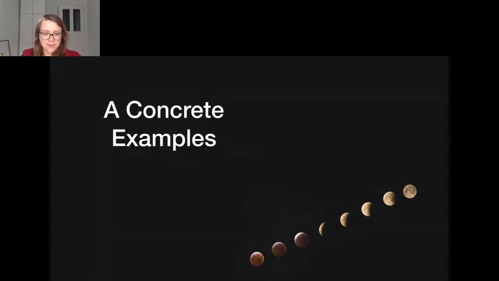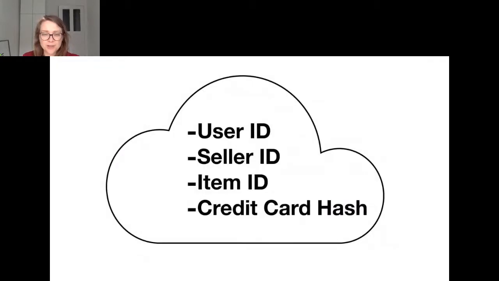Now I want to show you a concrete example of a huge company that we all know and love and probably use, and how they are using their infrastructure for machine learning to do fraud detection in payments. They receive a user ID, seller ID, item ID, and a hash of a credit card whenever a transaction comes in.